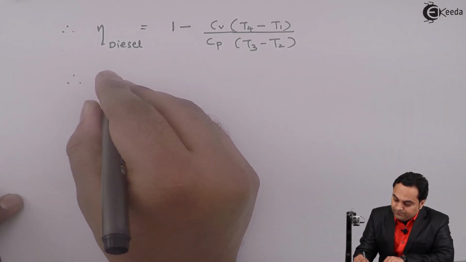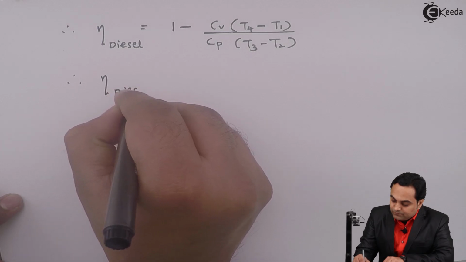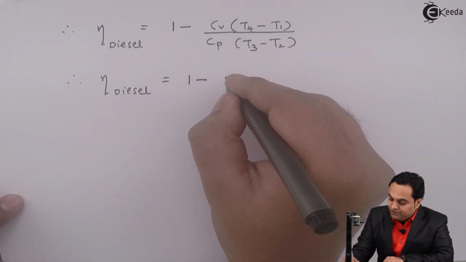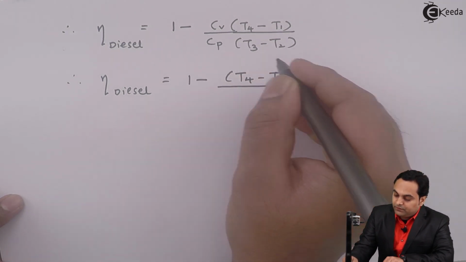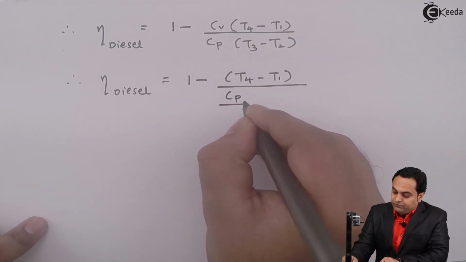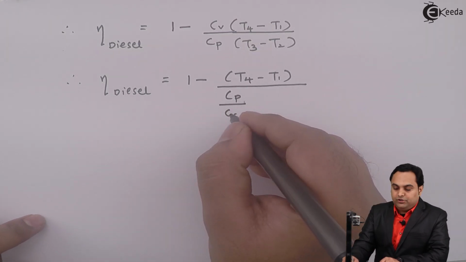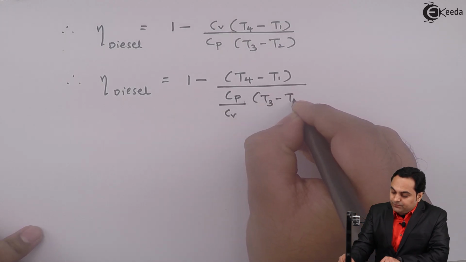Next, therefore, efficiency of diesel cycle will be equal to 1 minus, I'll keep T4 minus T1 as it is, Cp, this Cv I'll send into the denominator, so Cp upon Cv comes, and the same thing, T3 minus T2.